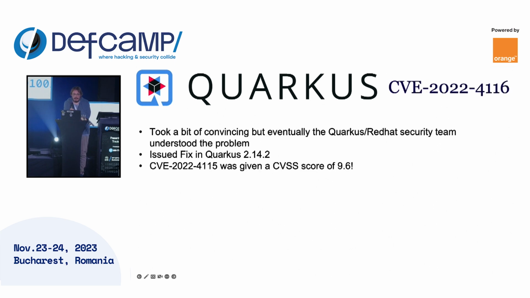So yeah, it was fixed in 2.14.2, which came out end of last year. They did take a bit of convincing, but after a while they worked it out, and it was fine.